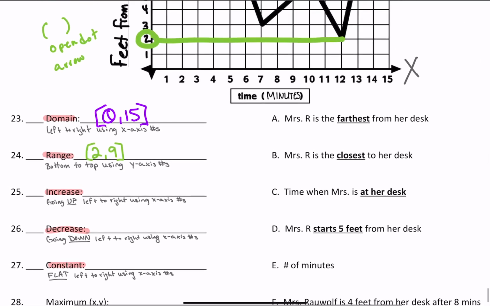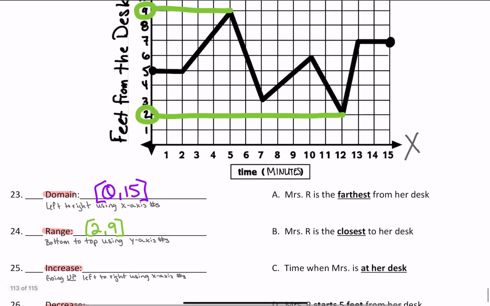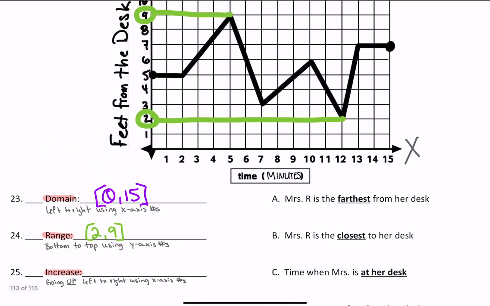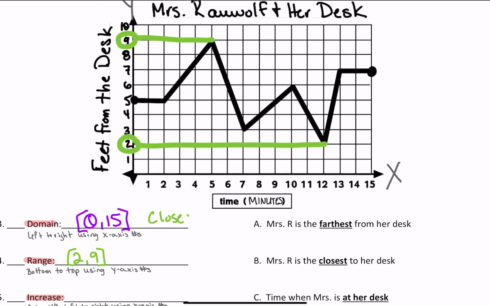Okay, so that's why you have to figure out if you need an open or a closed bracket. And my example here showed you the two options for a closed bracket, which is when it's a closed dot, that's what these were. And then the other side here, the range here, was the part of the line.